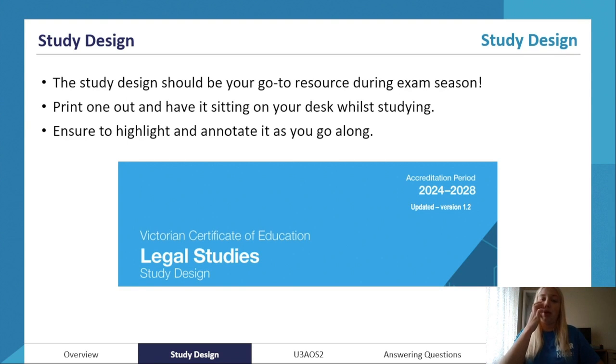This is really important every time you start a new area of study as well, having a close read. And the new study design as of this year, 2024 to 2028, hasn't changed much from the old study design, meaning that when you work with practice exams, old exams, most of the questions are still absolutely the same as what you could be getting at the moment on the exam with the new study design.